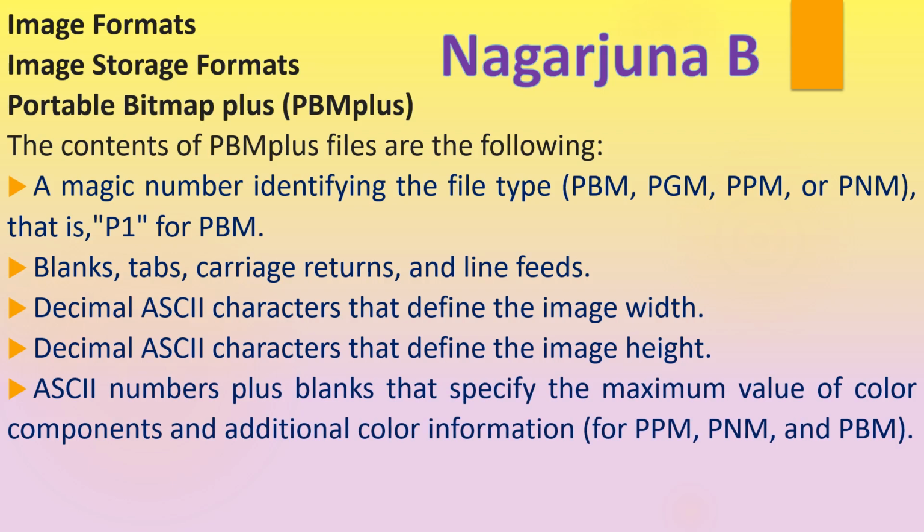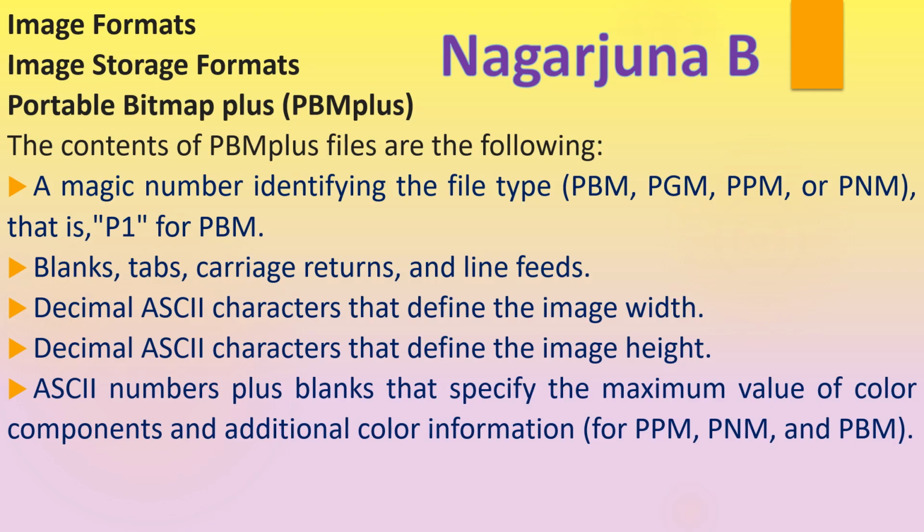ASCII numbers plus blanks that specify the maximum value of color components and additional color information for PPM, PNM and PBM. So it will have ASCII numbers along with blanks which specify the maximum value of a color component and additional color information which can be used for PPM, Portable Pixmap, PNM, Portable Any Map and PBM, Portable Bitmap.